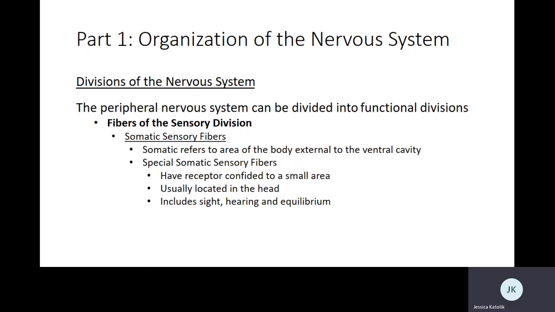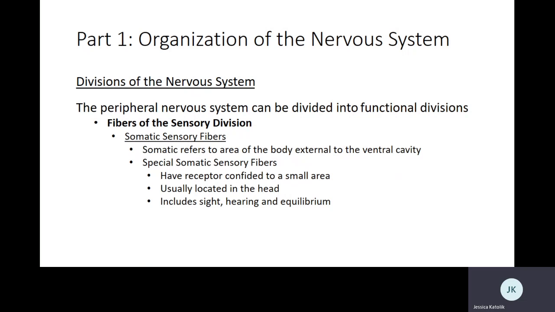We also have special somatic sensory fibers. These are nerve fibers or axons that are confined to a small area. Usually these areas are located in the head, and special somatic sensory fibers innervate the eye and the ear.